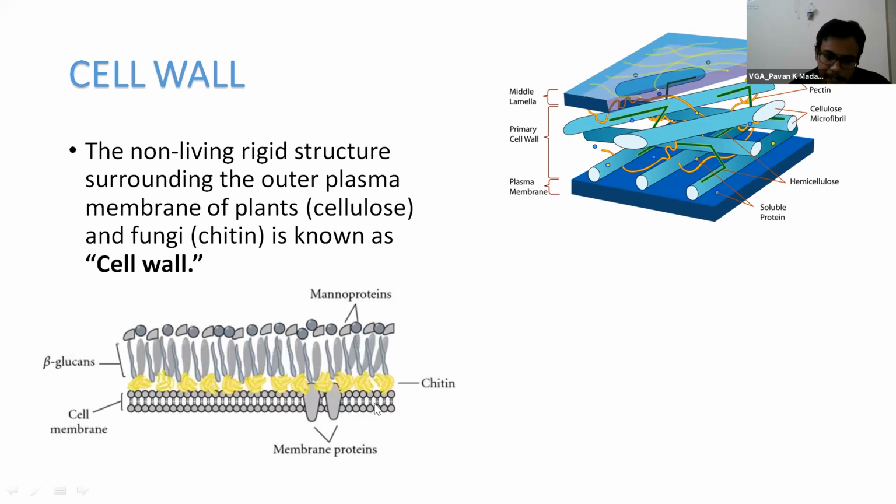You can see the phospholipid bilayer at the bottom, and some membrane proteins. Let me check with the highlighter. These circular heads and tails are the phospholipid bilayer, and these are the membrane proteins. Above it you can see some yellow colored material. This is nothing but the chitin.